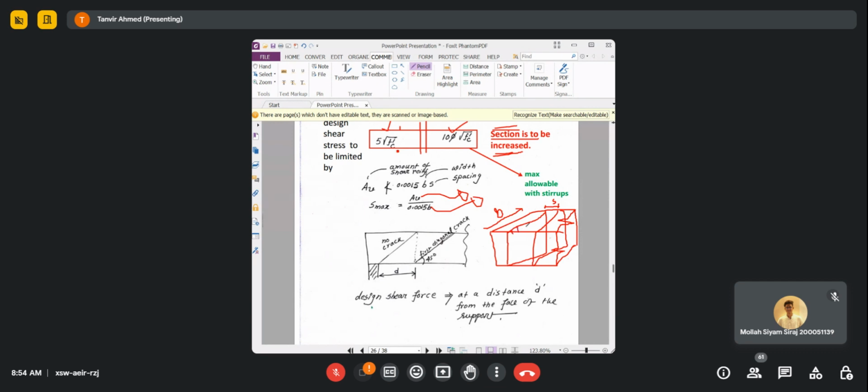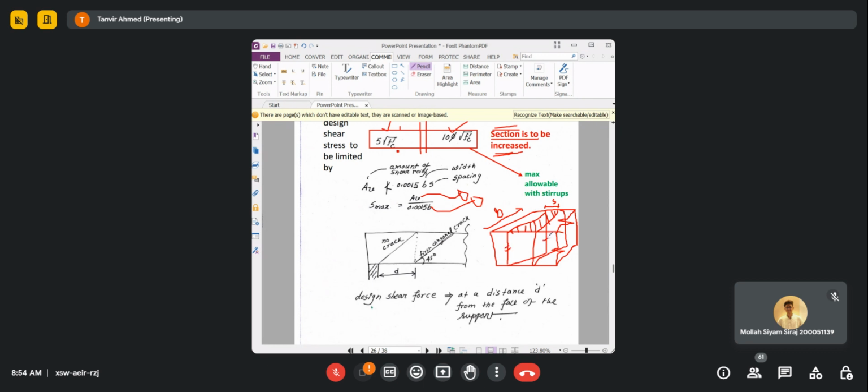Obviously, BS is this area. This area is B times S. So what this equation says is that the area of the stirrup that will take care of the diagonal cracks is the area of these two legs.